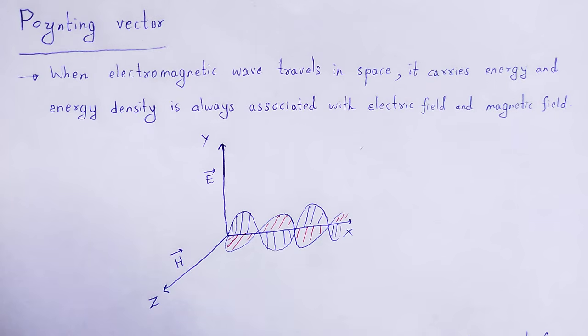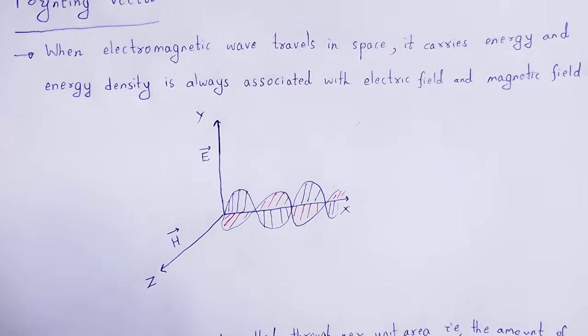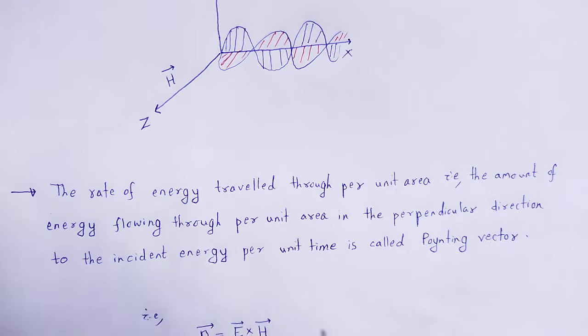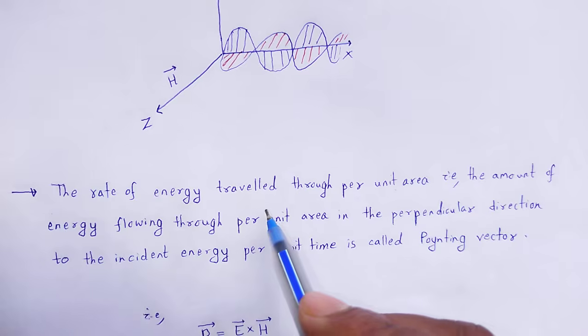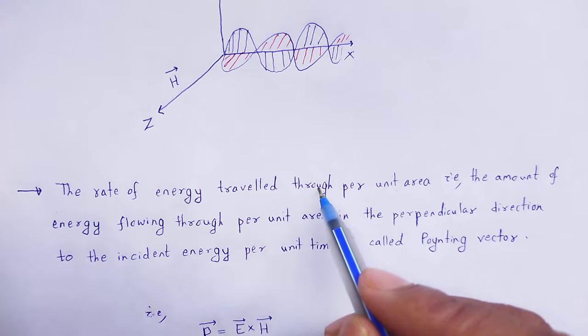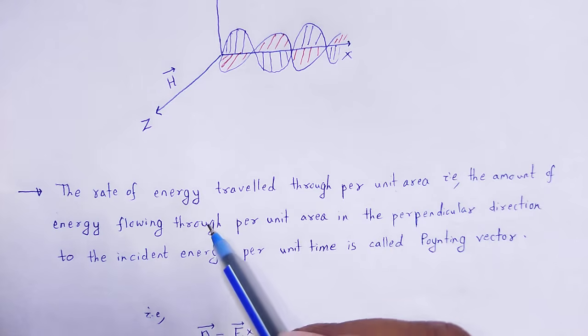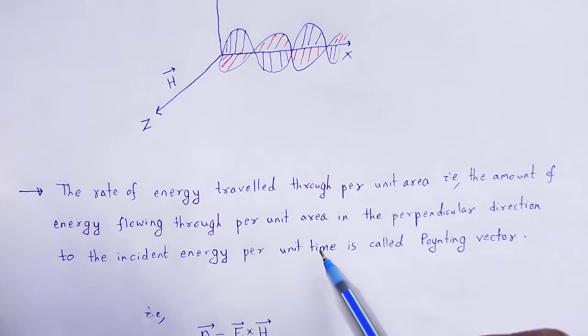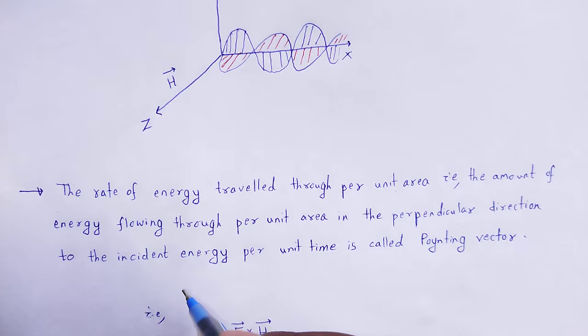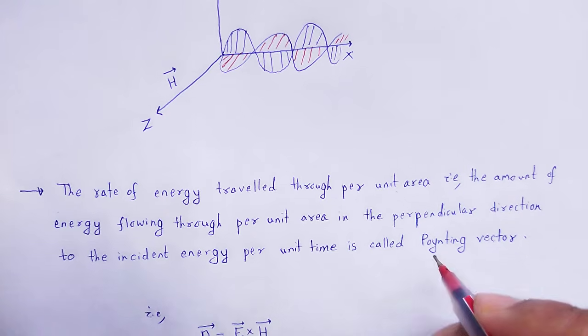Therefore, the rate of energy travel, that is, the amount of energy flowing through per unit area in the perpendicular direction to the incident energy per unit time, is called Poynting vector.